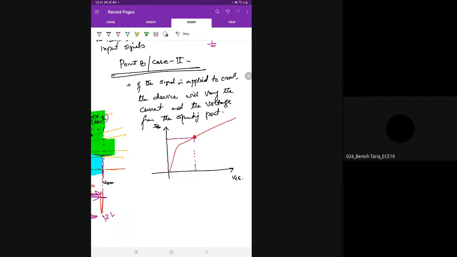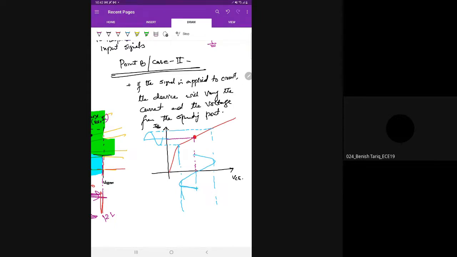Suppose this is the weaker signal, तो इसकी variations ऐसी होंगी. Any smaller variation in collector current will result in large variation in VCE.